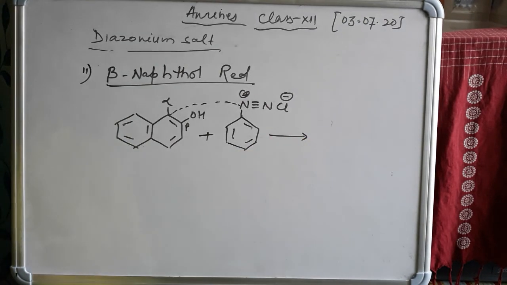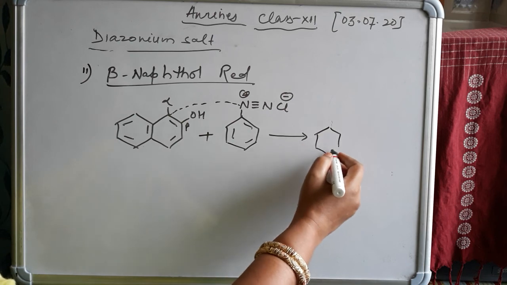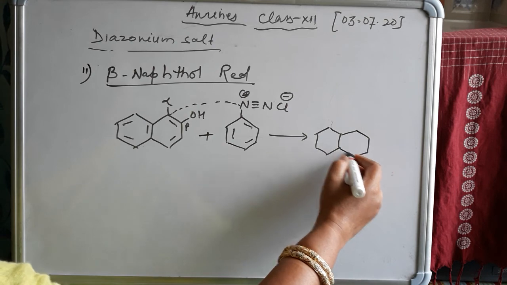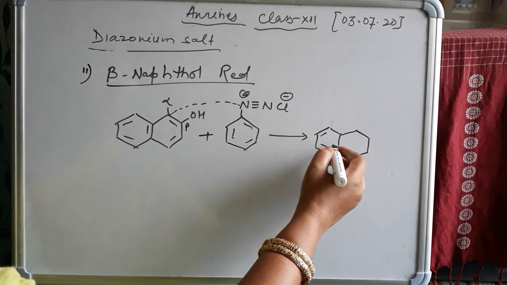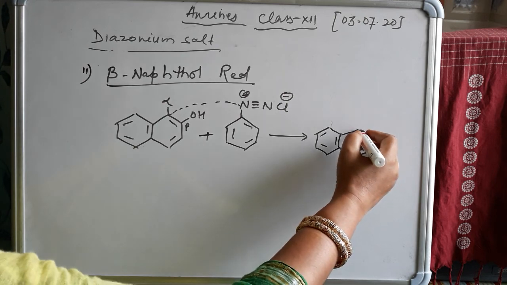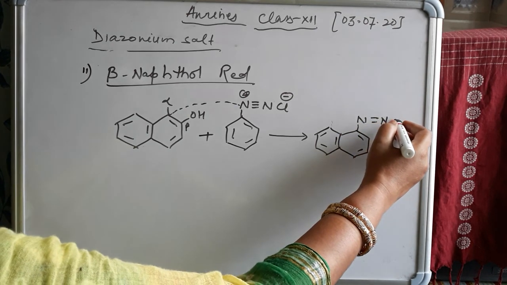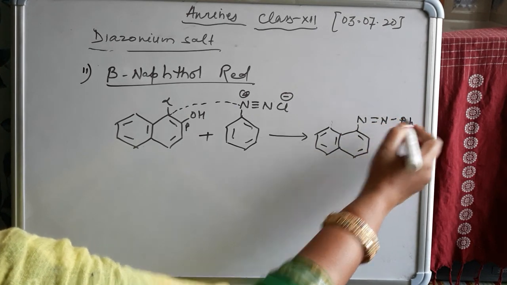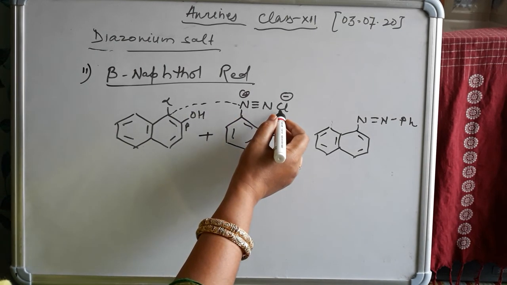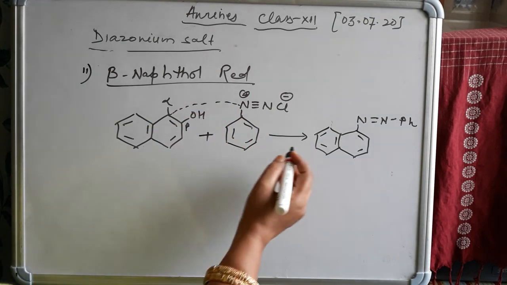So beta naphthol undergoes coupling with diazonium, and the compound formed has N double bond N and phenyl. Same process: hydrogen removed from here, Cl removed from here, so this nitrogen is attached with this.